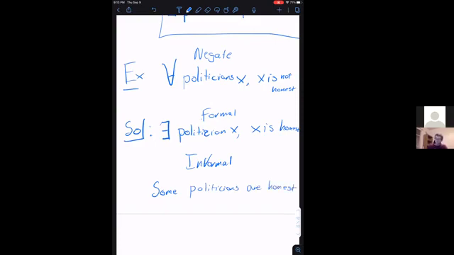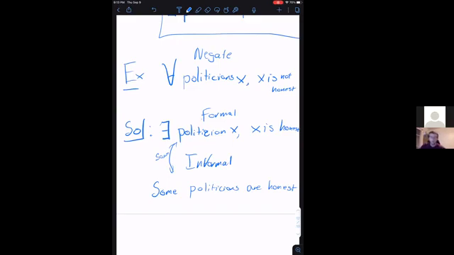Okay, these are one and the same statement. Okay, so being able to negate and then switch to informal, right? It may seem kind of weird at first, but that's okay, right? It's just lots of practice, okay?